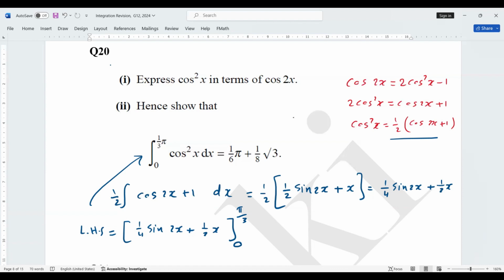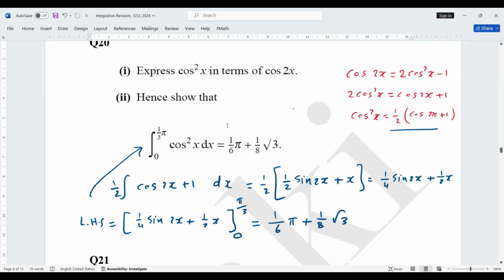Take care. Now you can replace x by pi over 3 and replace x by 0. You will get exactly the answer, 1 over 6 pi plus 1 over 8 radical 6. Okay? Any doubt, any problem, you can tell me, please.